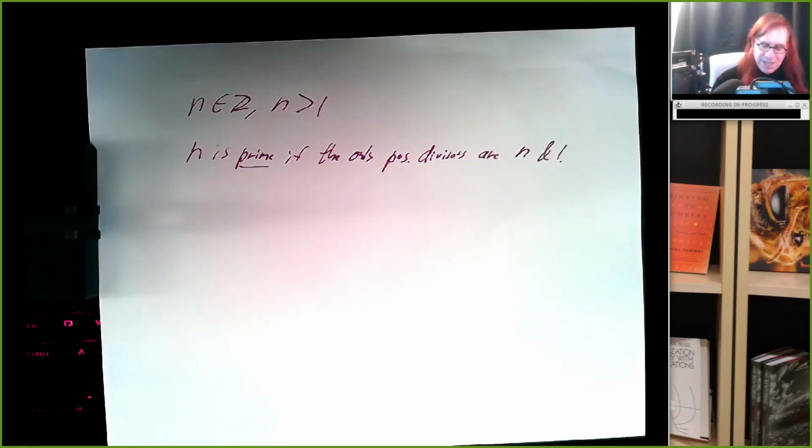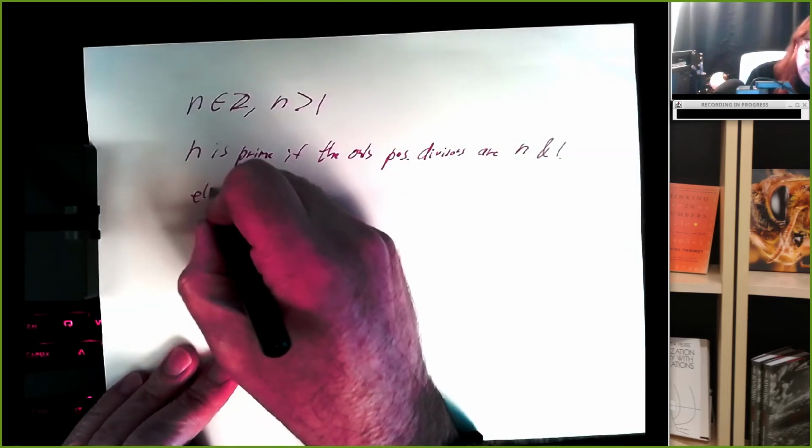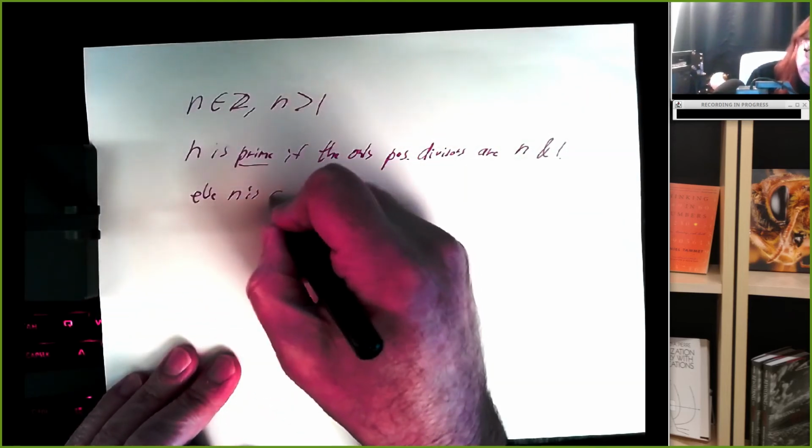So certainly every number is divisible by itself, and certainly every number is divisible by 1. But if those are the only positive numbers that divide n, then we say n is prime. Otherwise, n is composite.